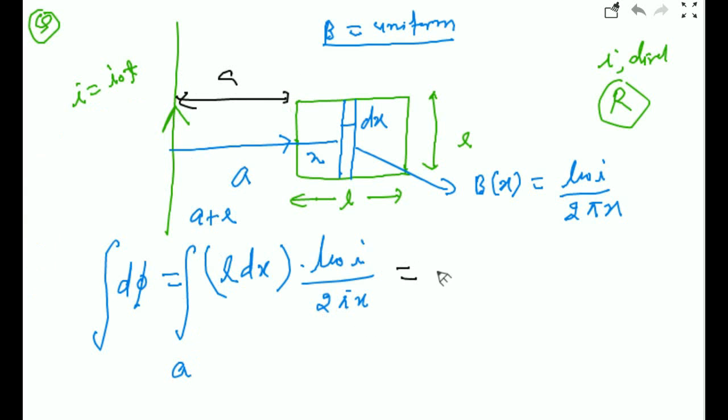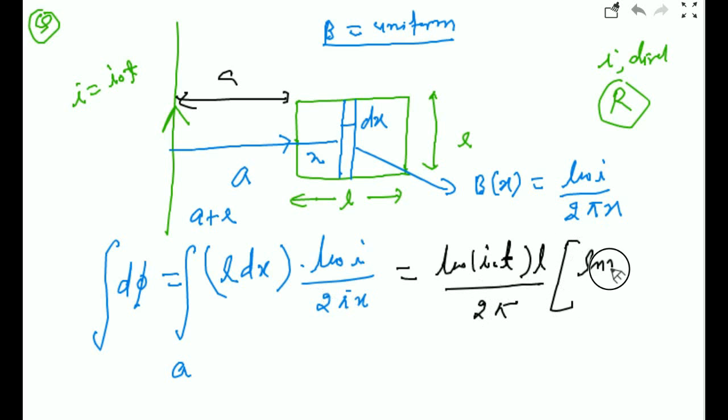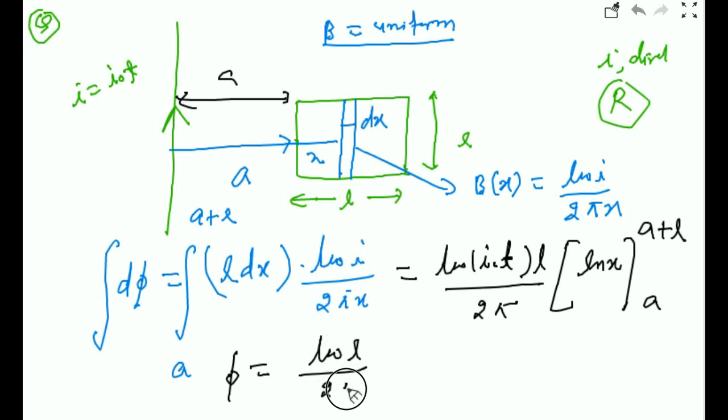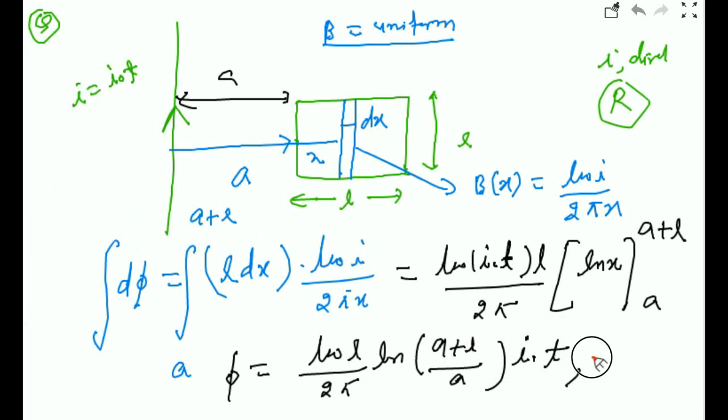Now you can write mu naught I, with I given as I naught T, into L by 2 pi into dx by x, so that will be ln x from A to A plus L. So the flux equals mu naught L by 2 pi ln of (A plus L) by A into I naught into T. Now you have the flux. The EMF equals d phi by dt.